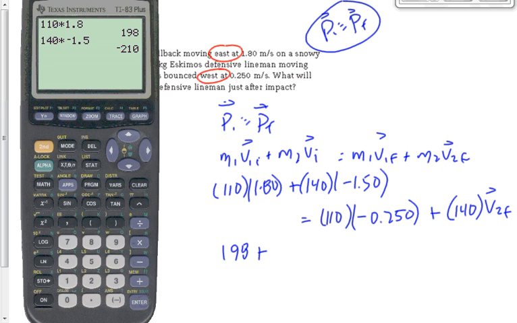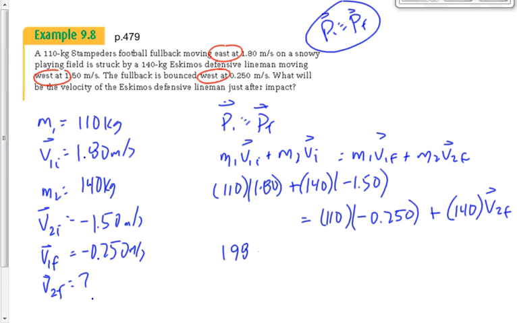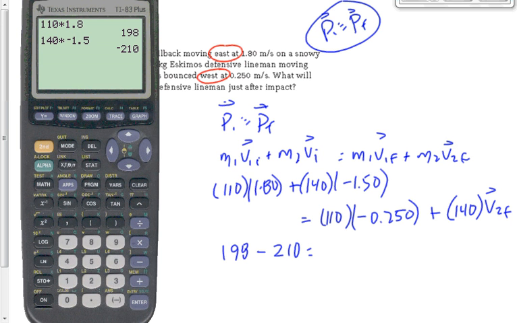Let's just subtract 210 from that. Now we got 110 times negative 0.25, negative 27.5.